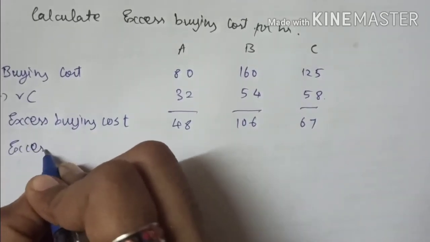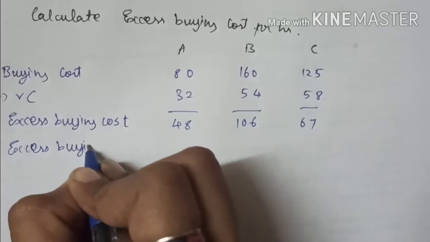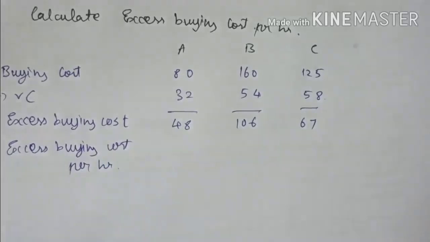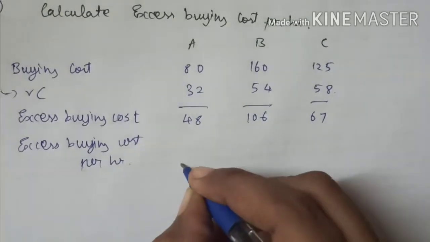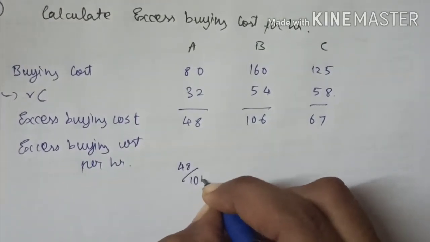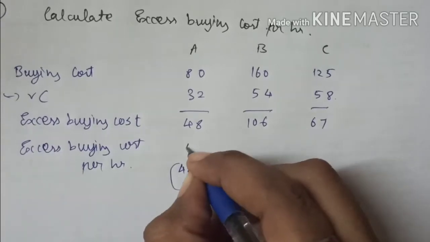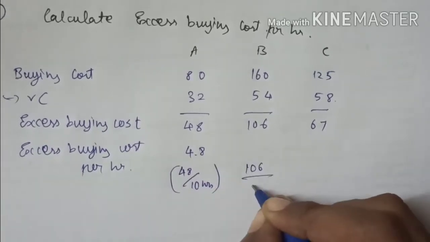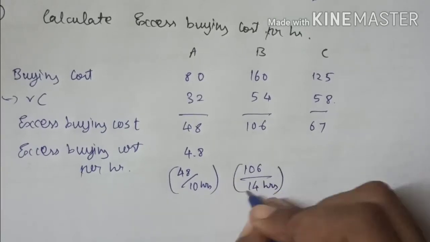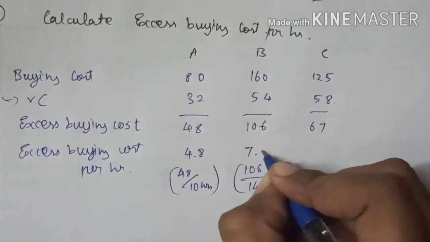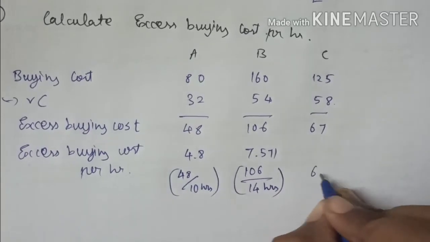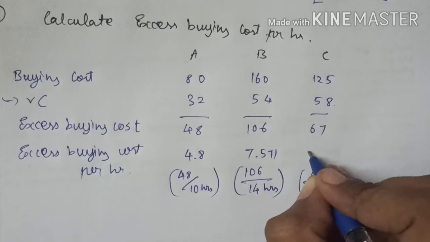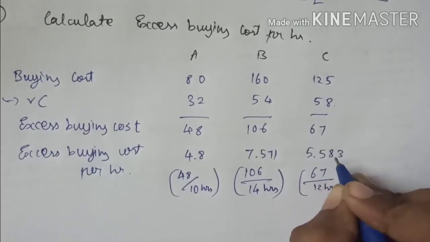Next, excess buying cost per hour. 48 divided by 10 hours, 4.8. 106 divided by 14 hours equals 7.571, and here 67 divided by 12 hours, it is 5.583.